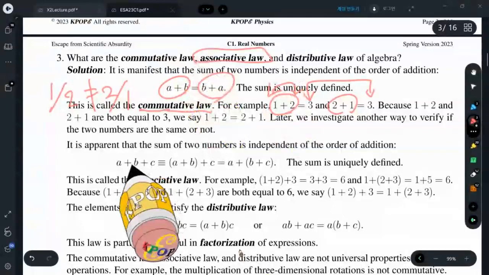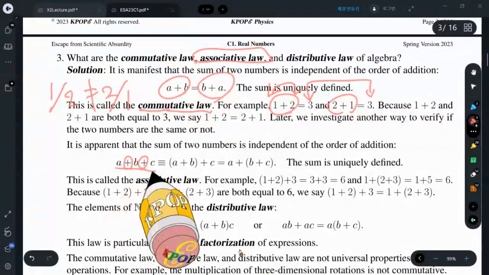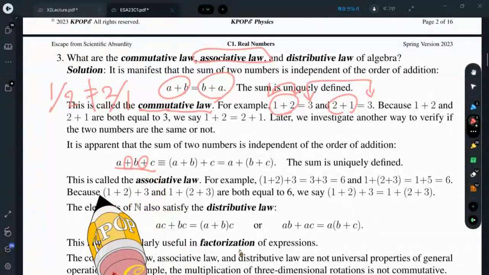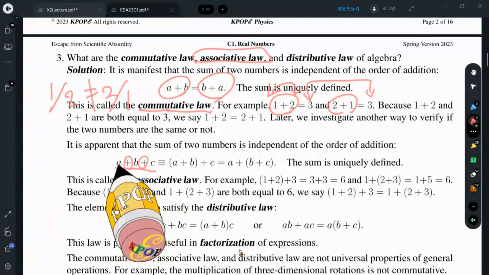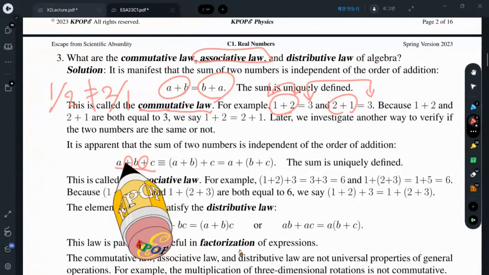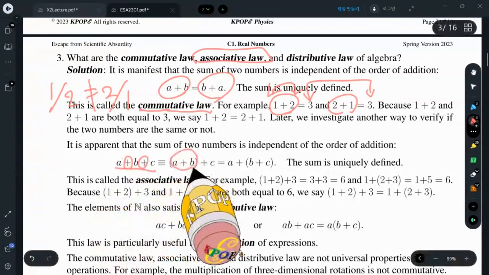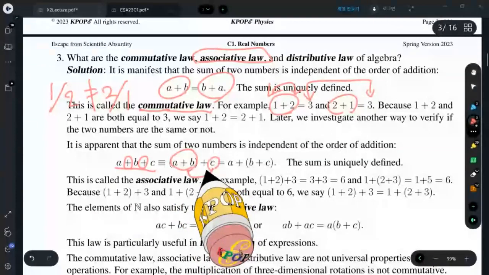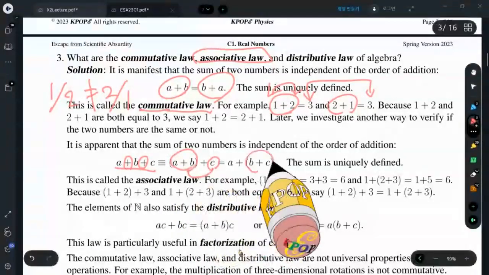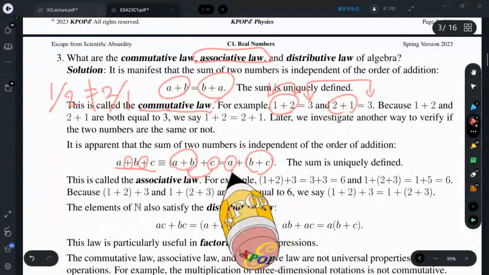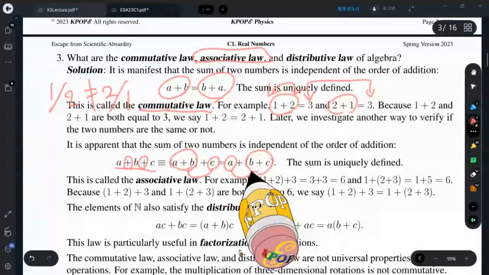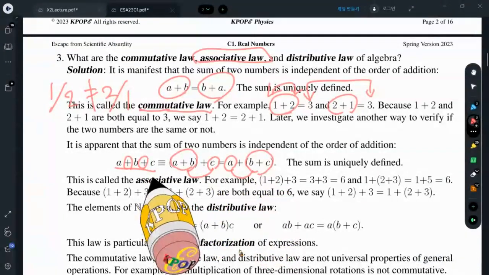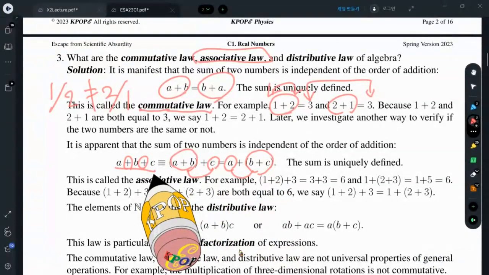Associative law: if you have a similar operation in series, sometimes it depends on the order of operation. We have these three pieces to be summed. We can do this sum first and then make the next sum, and we can do this job in a different order. Fortunately, these two numbers were found to be the same.